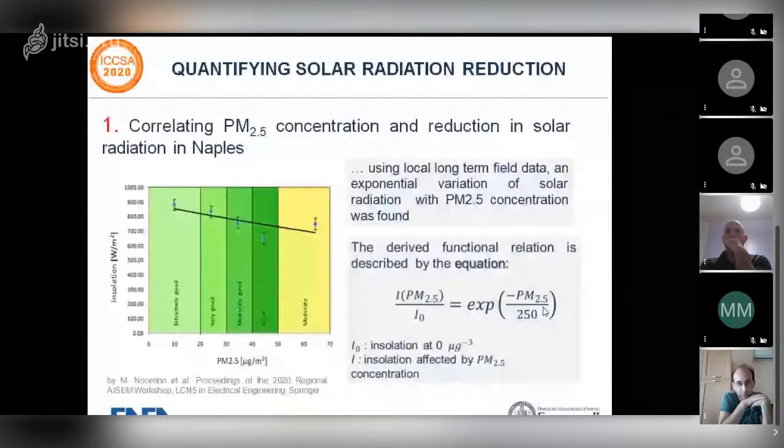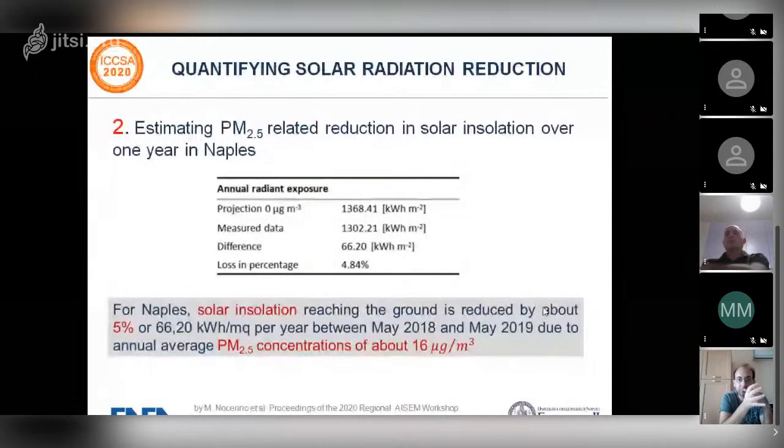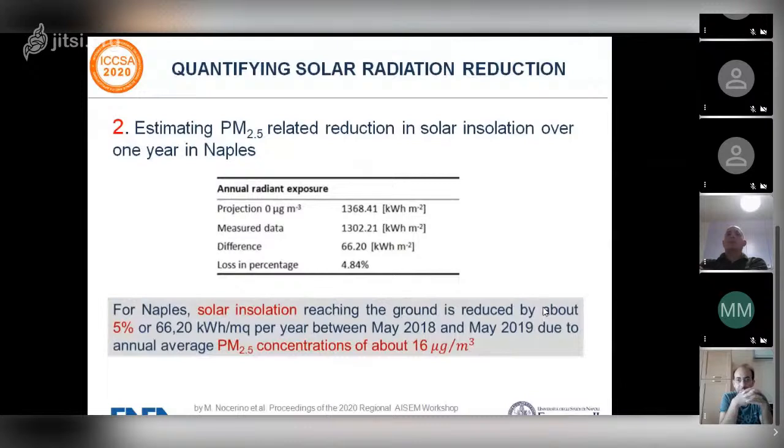So using the derived functional relation, we calculated the amount of insolation Naples would have received without the air particulate pollution within 1 year. And then we estimated that solar insolation reaching the ground is reduced by about 5% due to the annual average PM2.5 concentration.